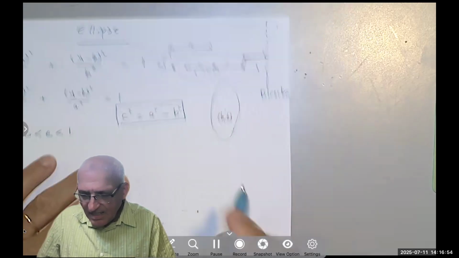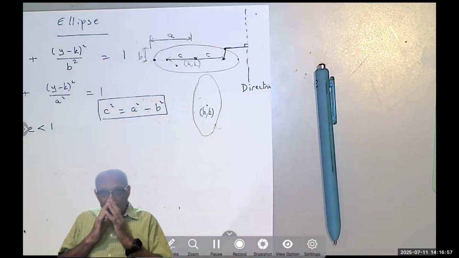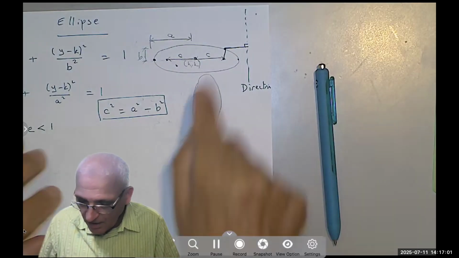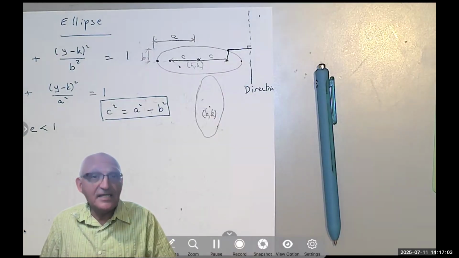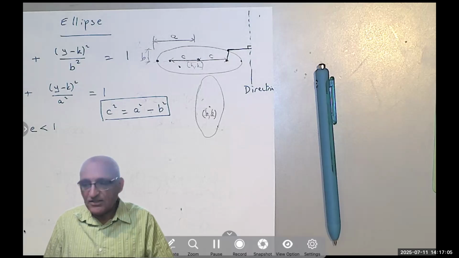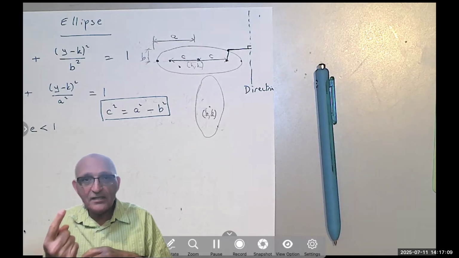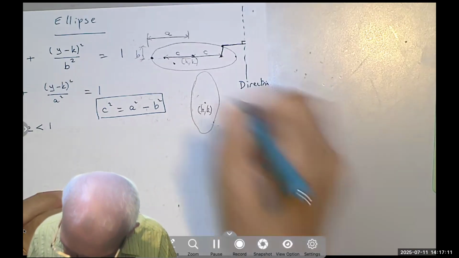But how do we describe the points on the ellipse? Okay, so now instead of having one nail and one rope, we have two nails.